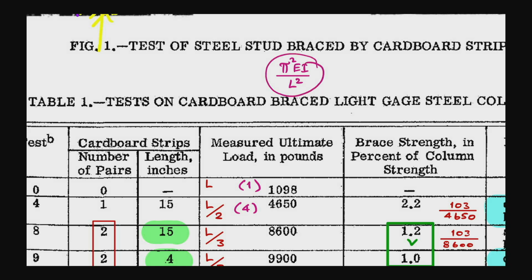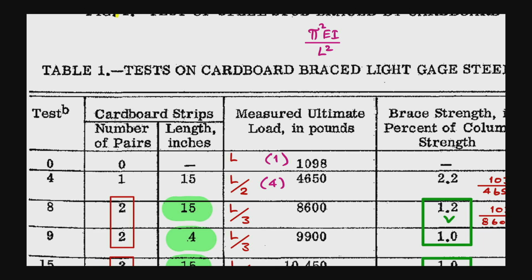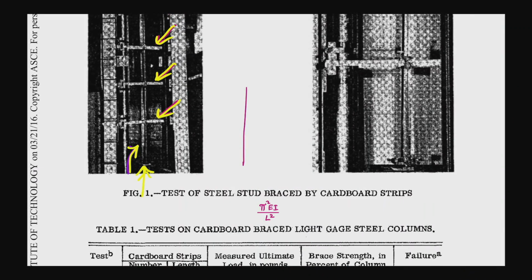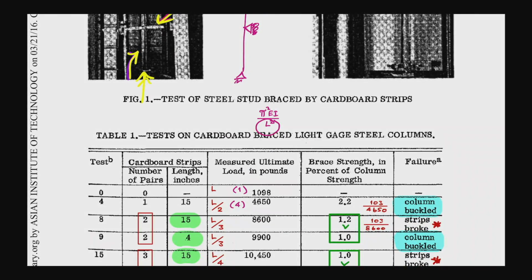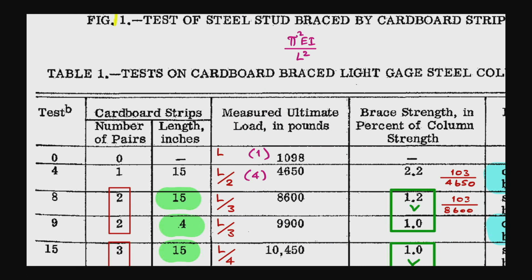So if the first one forms pi square EI over L square, for the second one, if you have a very stiff brace like this, the effective length of the column is reduced to L over 2, and as it is reduced to L over 2, you plug in L over 2 in here, you end up with 4 pi square EI over L square. So 4 is obtained from that.